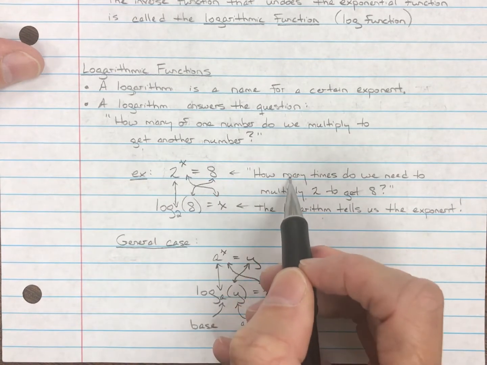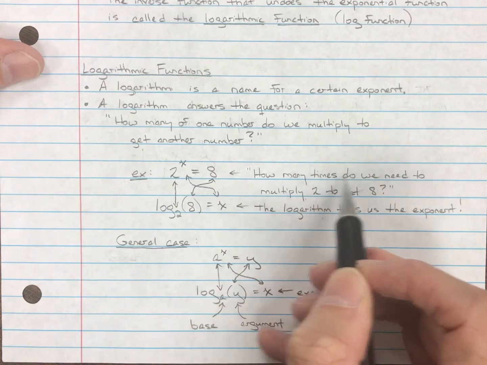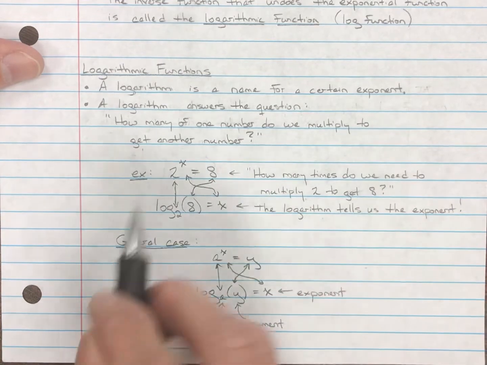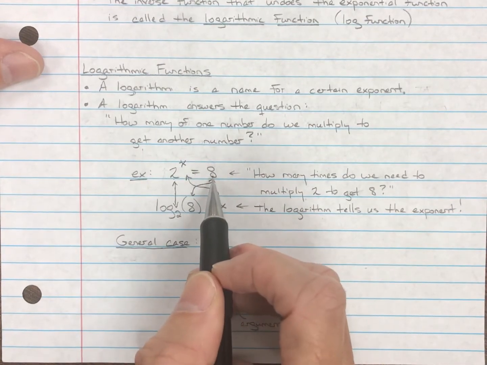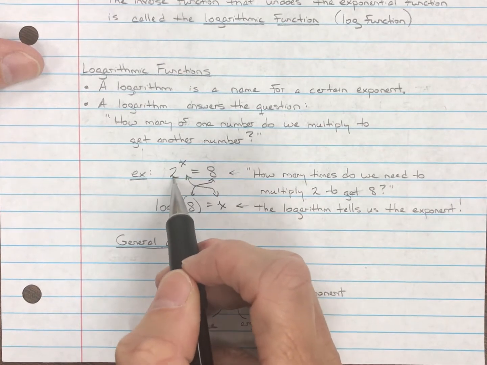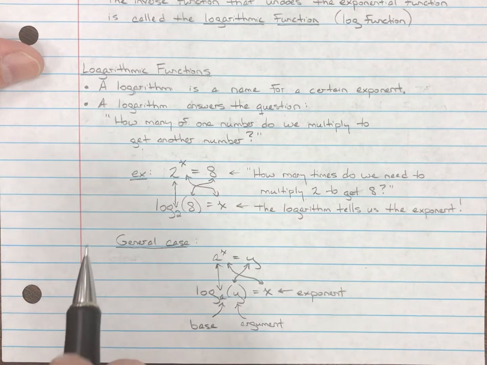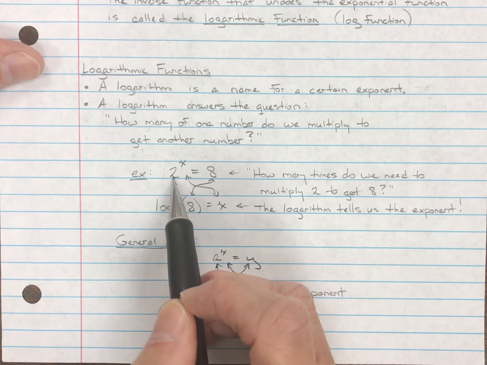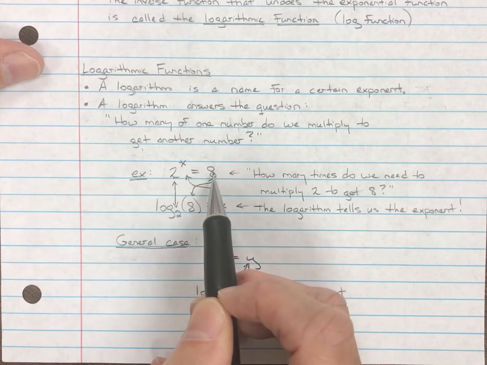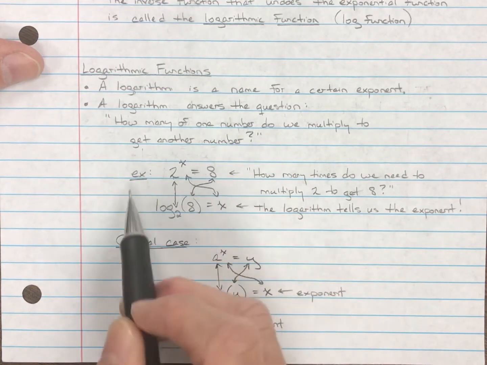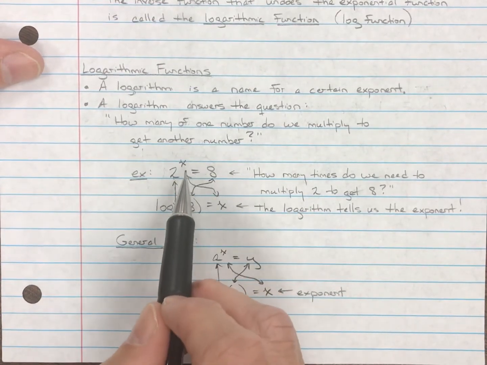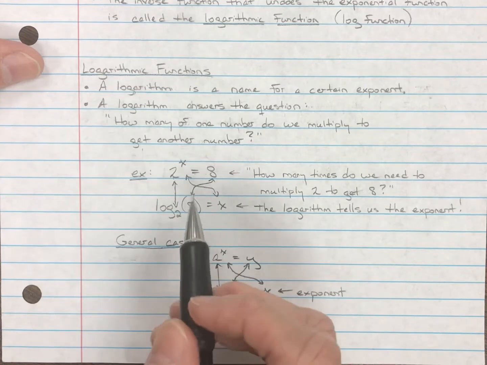How many times do we need to multiply 2 to get 8? As I'm sure you know mentally, 2 to the third power is 8. All right, so how many of this number do we need to multiply to get this number? The log will tell us that. The log allows us to get at the exponent's answer.